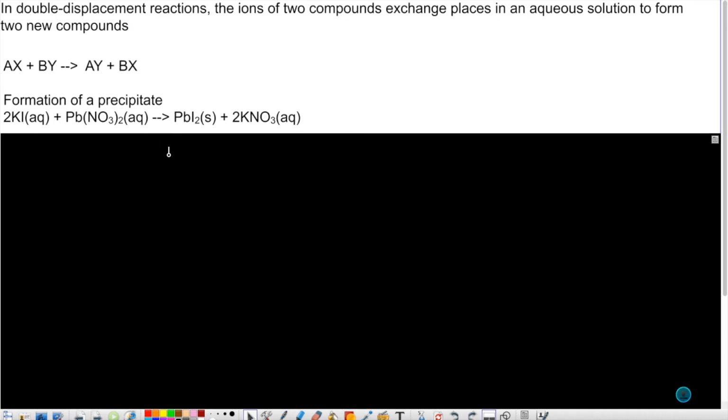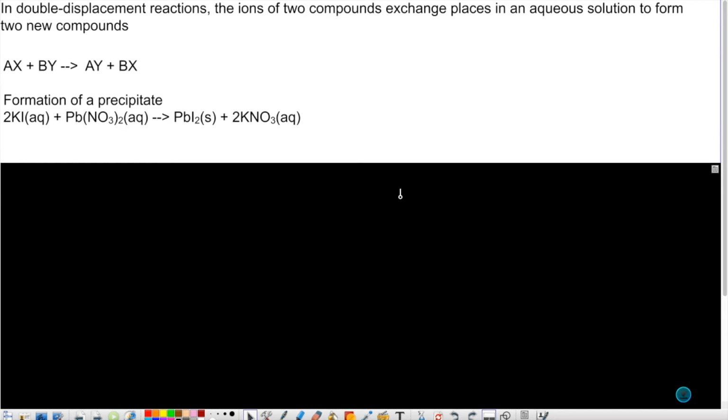So, formation of a precipitate. Here there are a bunch of compounds, and we'll talk more about this next time. You'll start with two aqueous solutions and form a solid. That's called a precipitate, and it's one of the ways that you can drive these double displacement reactions. You'll notice I have a transition metal in here.